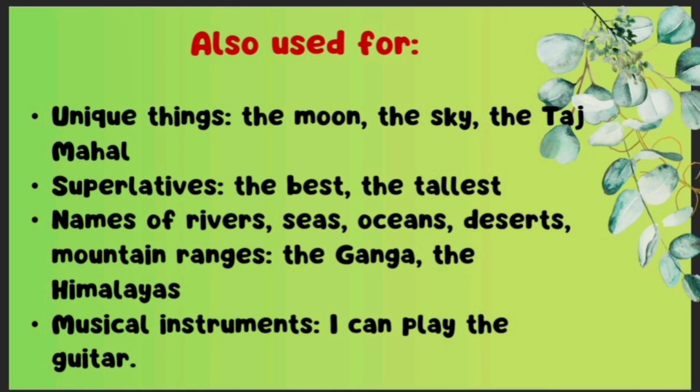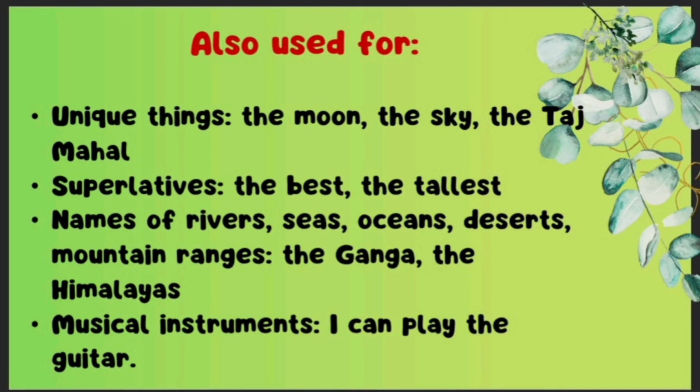You can see the example over here. And names of rivers, oceans, deserts, and mountain ranges. See the example, the Ganga, the Himalayas. These are all unique and special things, so before those words we use the article.